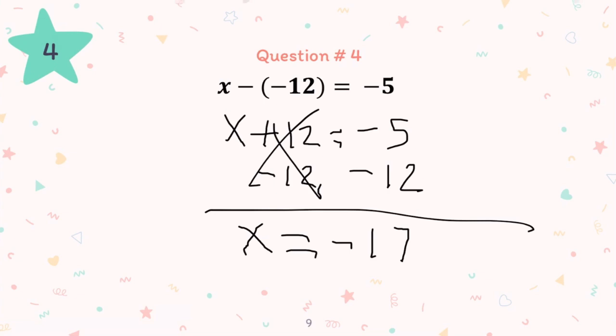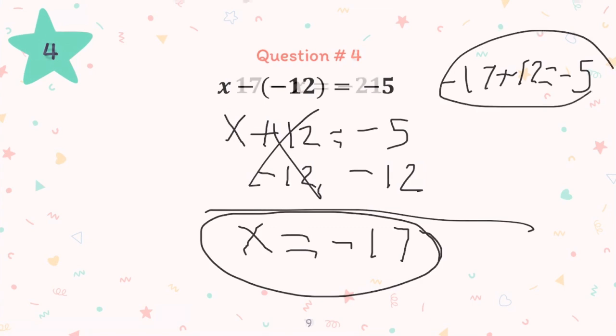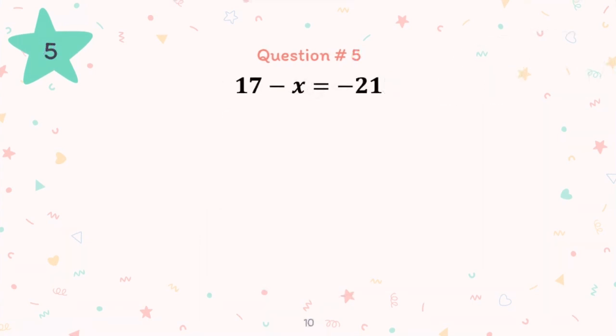So x equals negative 17. And if we check if we're correct, we do negative 17 plus 12, which equals negative 5.